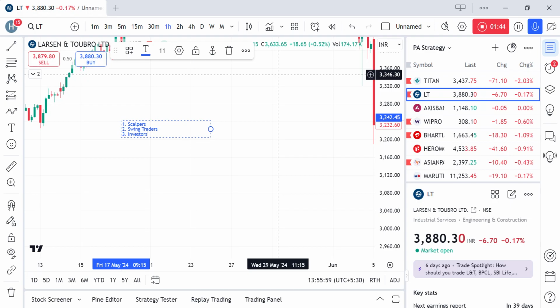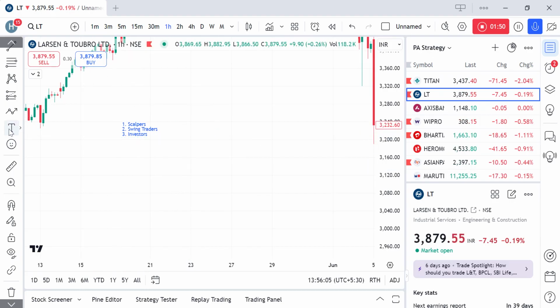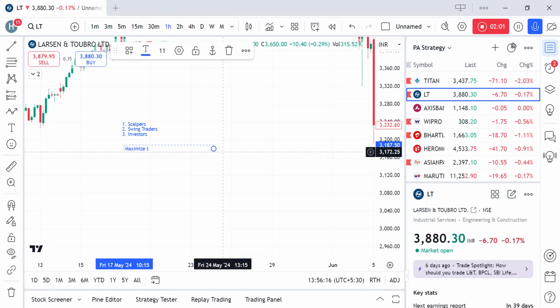What are the objectives of all three traders? There is a simple objective which all three traders follow: to maximize the profit and minimize the losses.